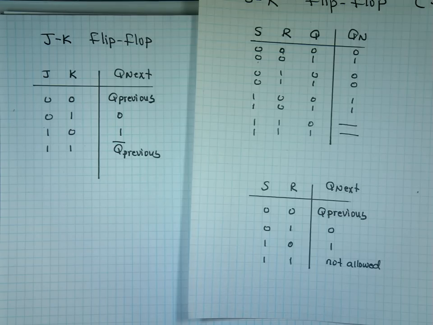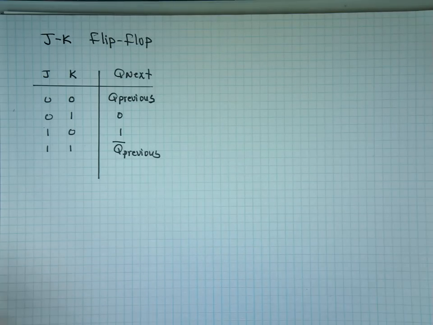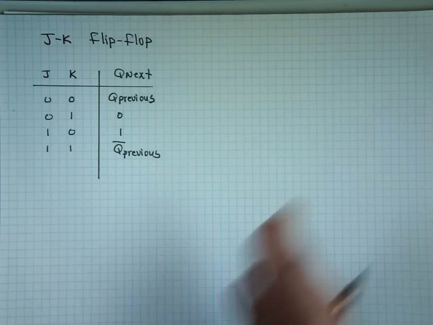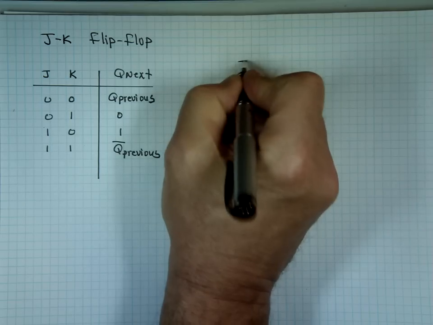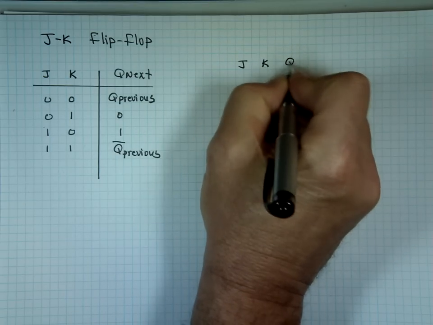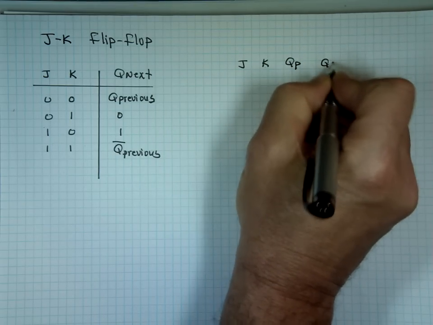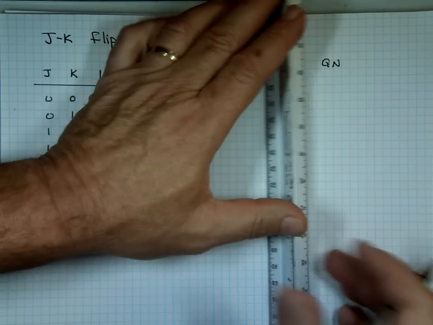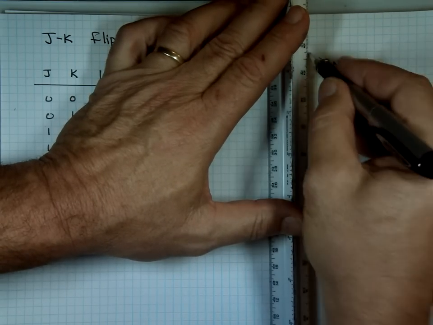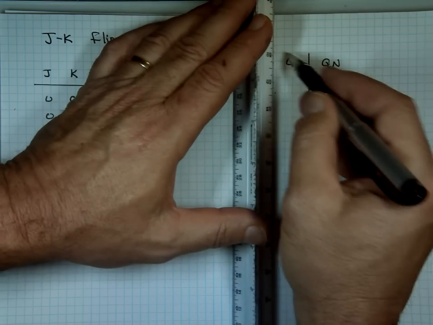Again, the output of this depends. So if you were to list all the options, you go J, K, Q previous, and Q next. You'll see next time how we're going to use them in state diagram.